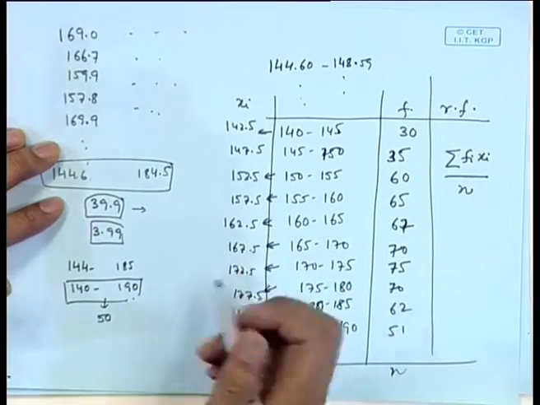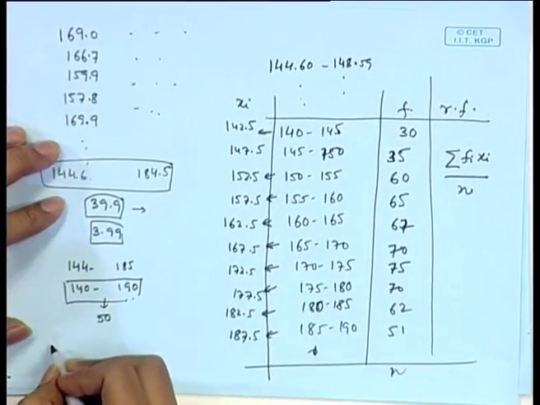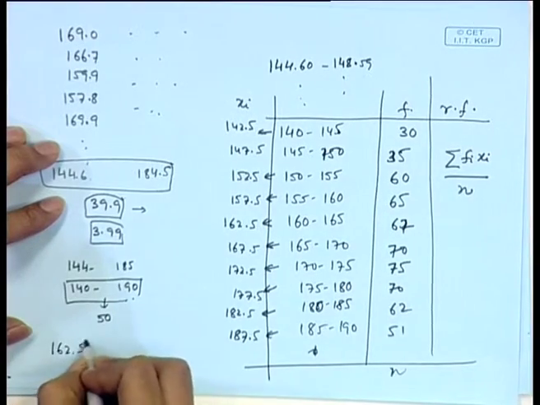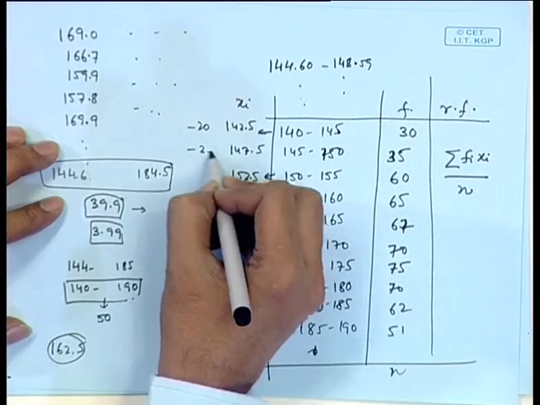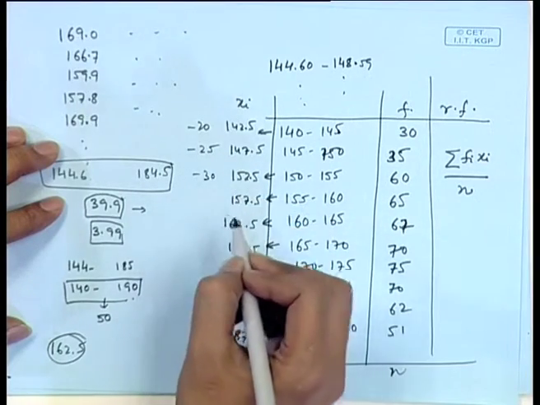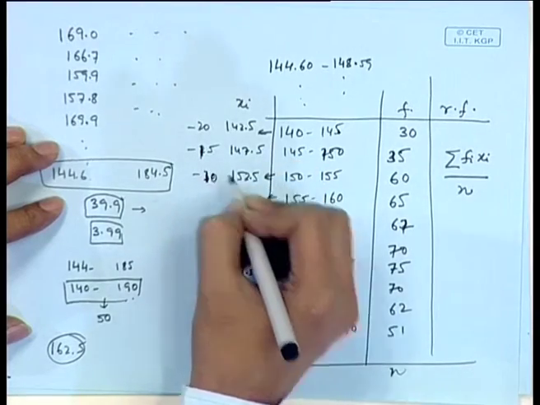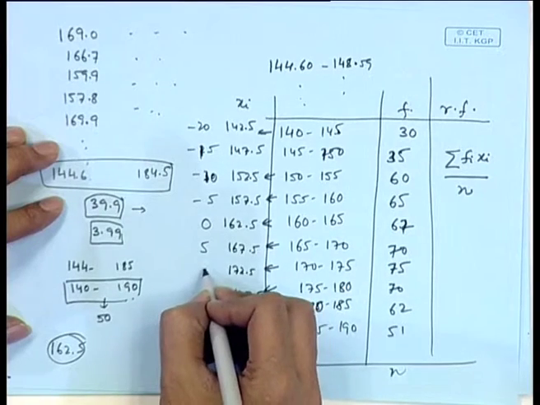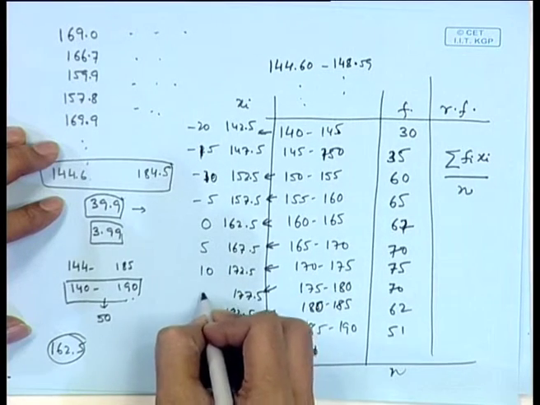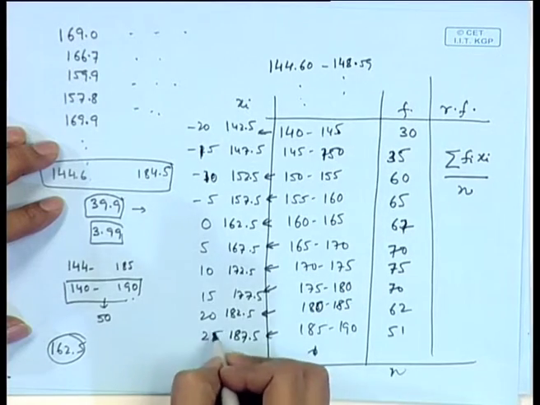What we can do is shift all the values by 162.5, then this will be minus 20, this value will be minus 25, minus 30, this will be minus 15, minus 10, minus 5, 0, 5, 10, 15, 20, 25.